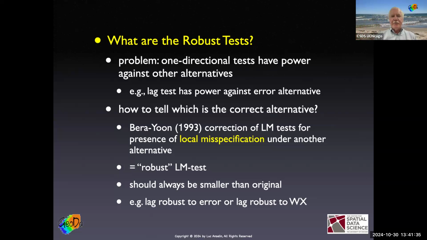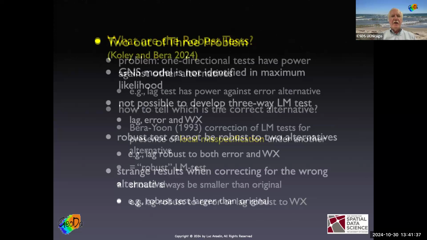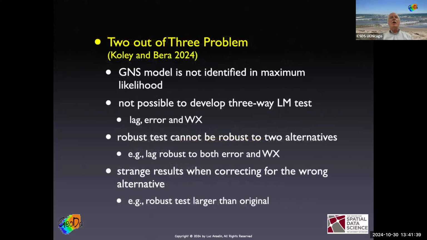Now, there's a problem. And the problem is called the 2 out of 3 problem. So in the old days, the main models were lag and error, as I mentioned the other day. Then, since 2010 roughly, the spatial Durbin model is all the rage. And that's a model that has both a lag term and an SLX term.